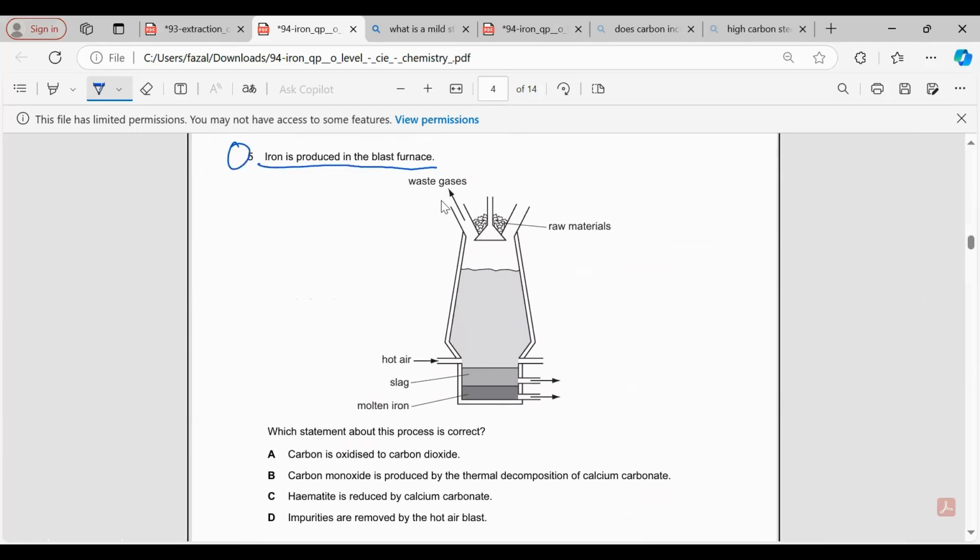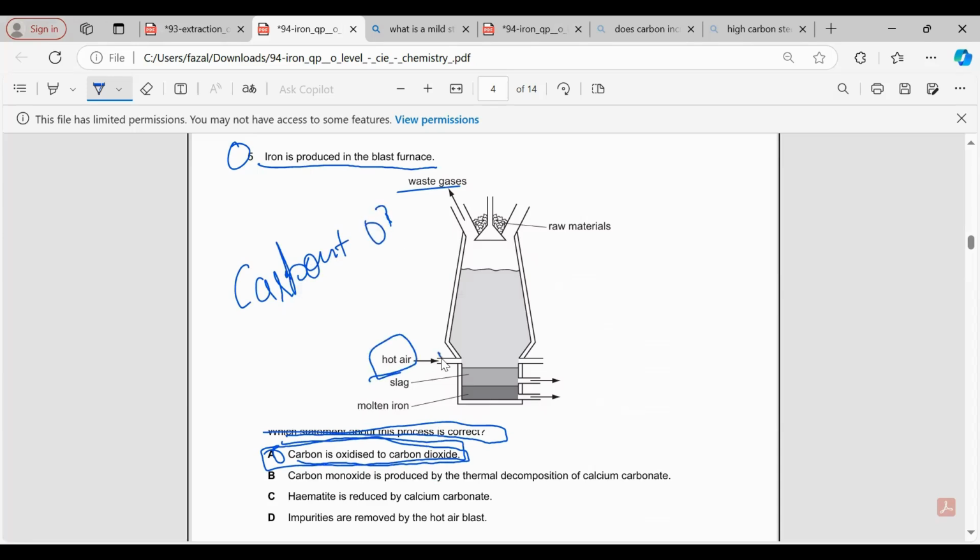Iron is produced in the blast furnace. Now, which statement about this process is correct? Look at the first one: carbon is oxidized to carbon dioxide. Yes, the first point is correct because when carbon reacts with the oxygen coming from the hot air, it forms CO2.